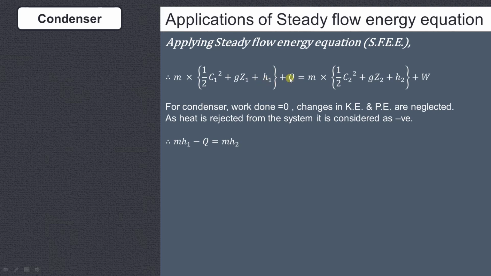Then heat is rejected, so instead of plus Q it will be minus Q. Then there is no work done, so this part will be 0. Kinetic energy and potential energy are negligible, so only m h2 will remain. Now transfer minus Q to the other side and m h2 to this side, so Q will be equal to m h1 minus m h2, which is nothing but h1 minus h2.